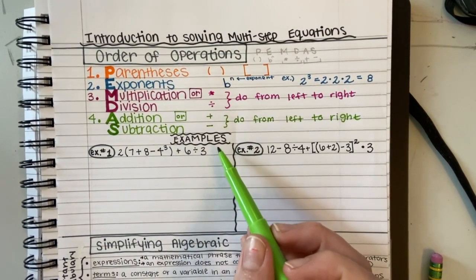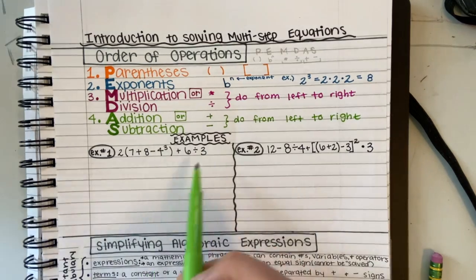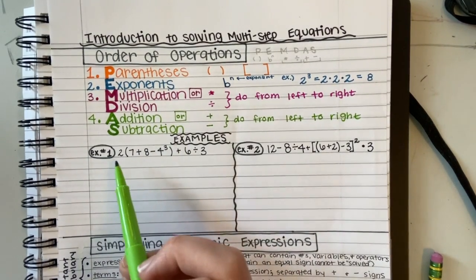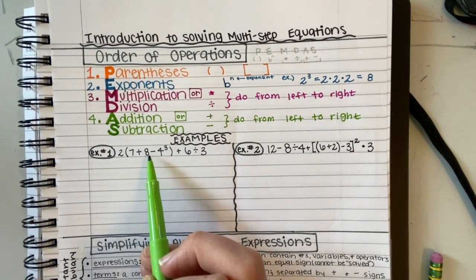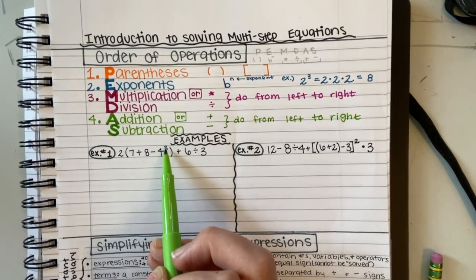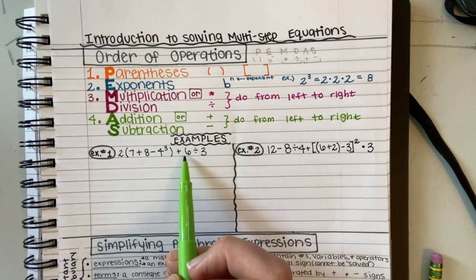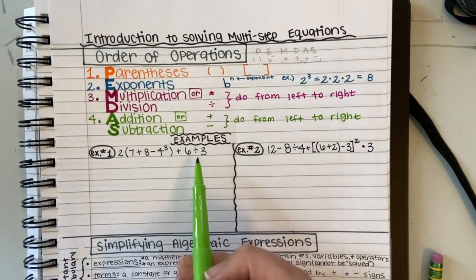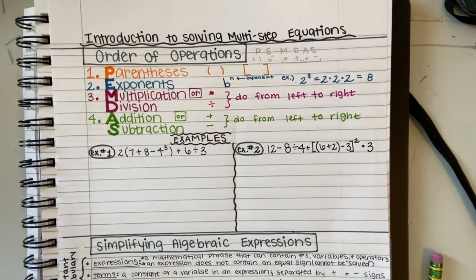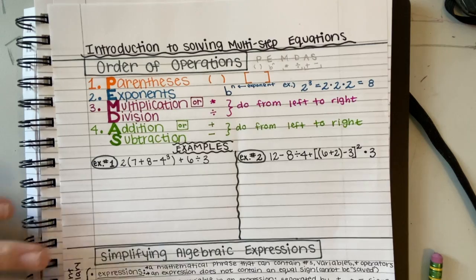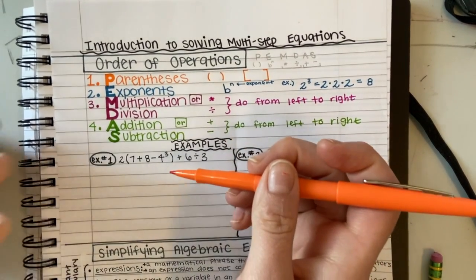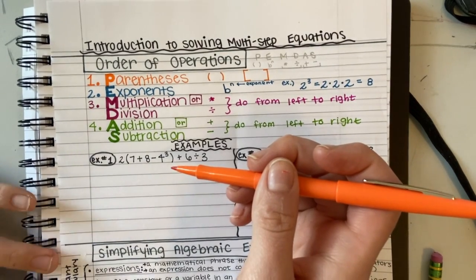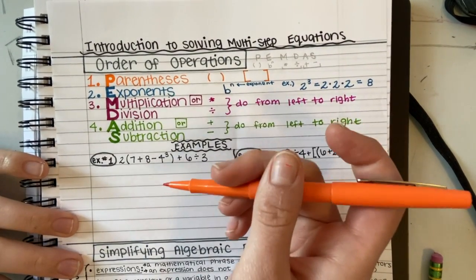Let's just look at example 1 first. We have 2, and then parentheses, 7 plus 8 minus 4 cubed, close parentheses, plus 6 divided by 3. I'm going to stay in the colors we wrote these definitions in, to try and keep each operator separate from the others.